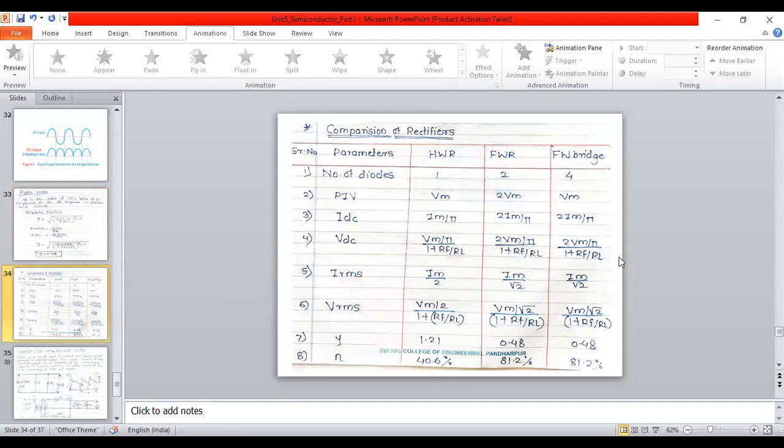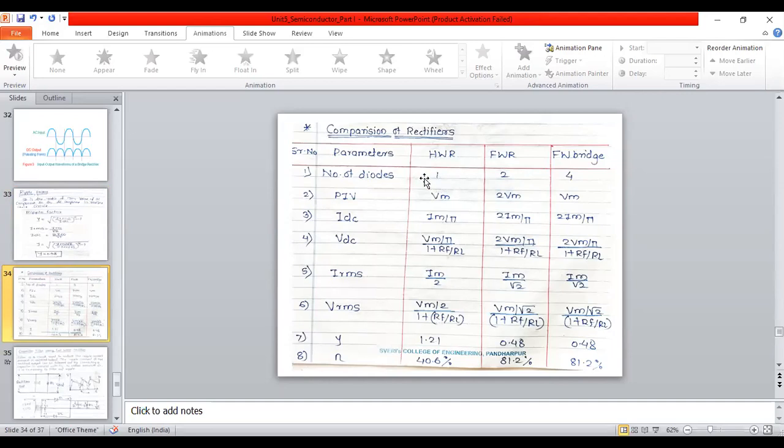The parameters are for the half wave rectifier, HWR; FWR is the full wave rectifier; and FW bridge means the full wave bridge rectifier. Number of diodes in the half wave rectifier: how many diodes are there?